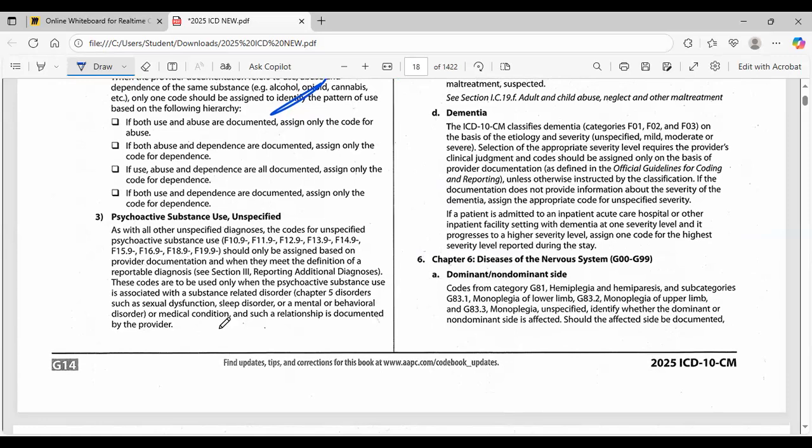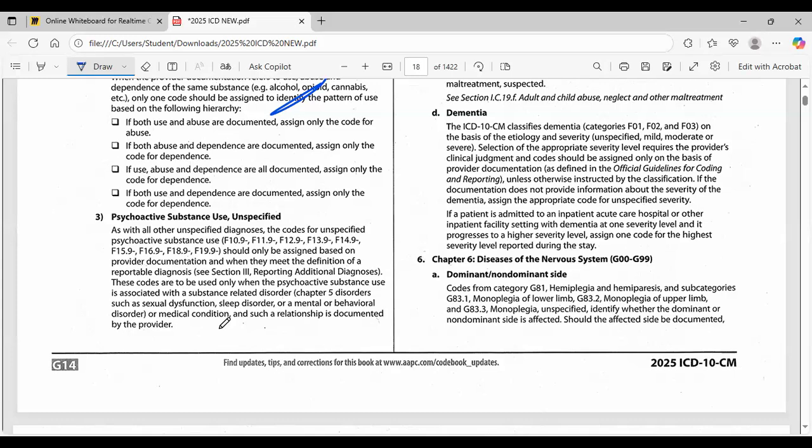Next, we have psychoactive substance use. Psychoactive substance use needs to be coded whenever the patient has any medical or behavioral disorder due to that psychoactive substance. In that case, we have to code the psychoactive substance use.